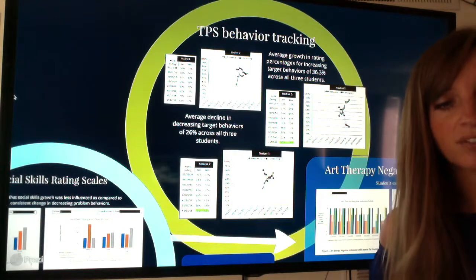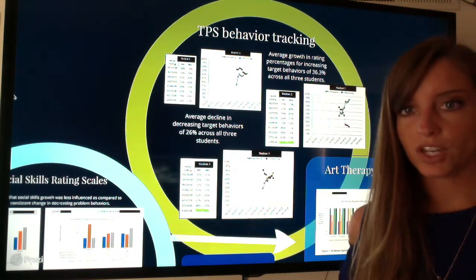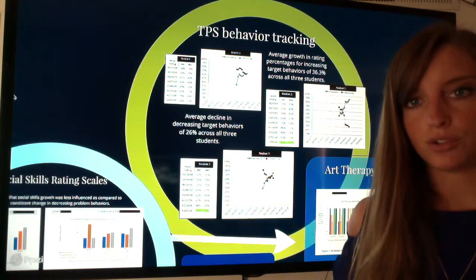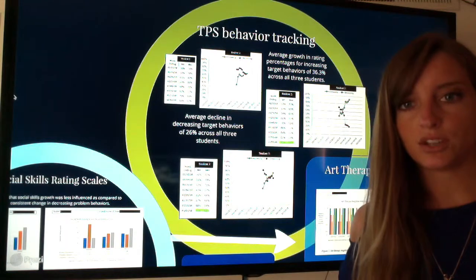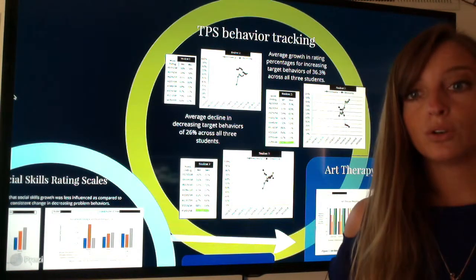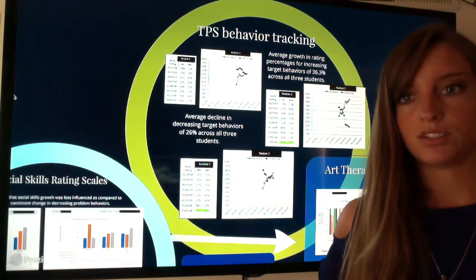The TPS behavior tracking system showed an average growth in rating percentages for increasing target behaviors of 36.3% across all 3 students, and also a decline in those decreasing behaviors of 26% across all 3 of the students. 2 of the students specifically were able to actually reverse the rate of incidence.